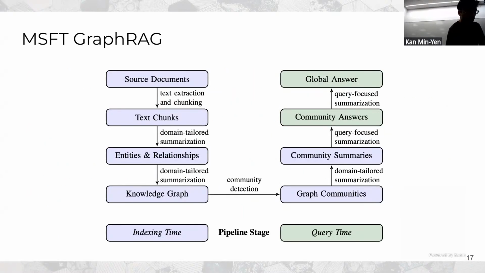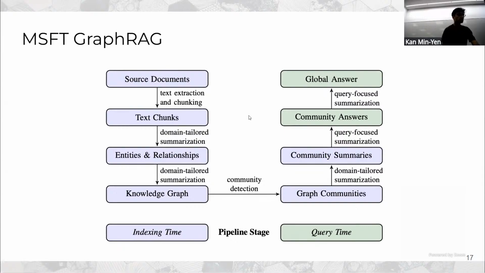So this is a diagram of what I just explained. If you follow the flow here, there's indexing time and query time. You have the source documents, you do the text extraction and chunking. Once you have the chunks, you do the entity extraction, and then you form the graph.